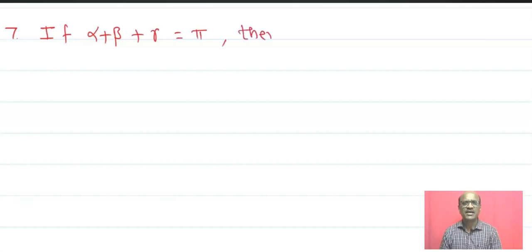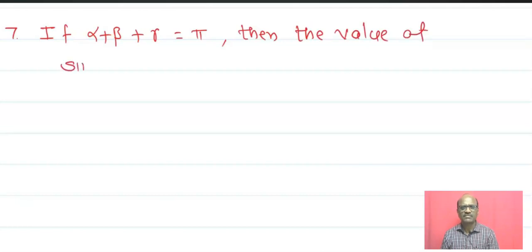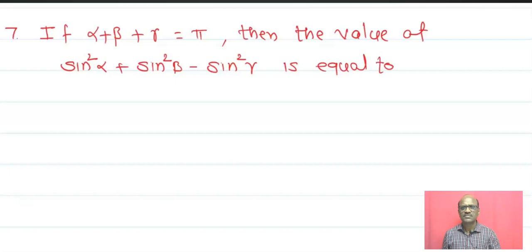Now next question. That's question number 7. If alpha plus beta plus gamma is equal to pi, then the value of sine square alpha plus sine square beta minus sine square gamma is equal to what?